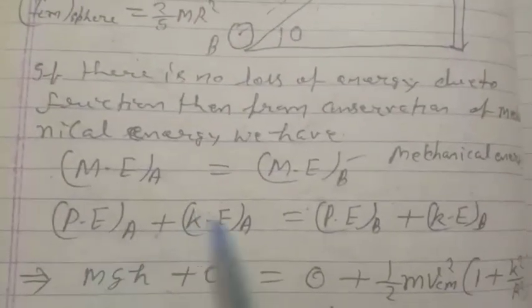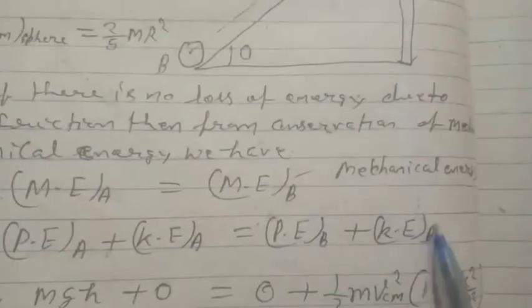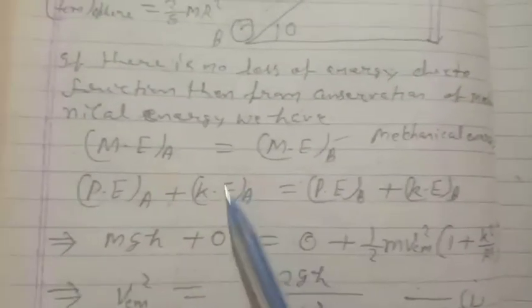So potential energy plus kinetic energy at A equals potential energy plus kinetic energy at B. This implies, because the body is at rest, the velocity is 0, so only potential energy will be there at this point. So we have written mgh plus 0, because kinetic energy is 0, velocity is 0.